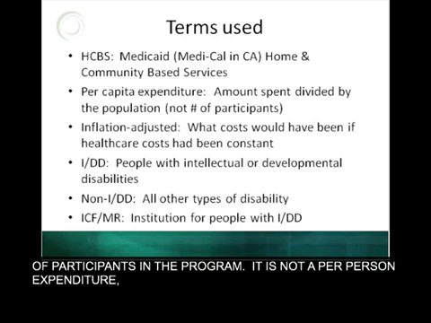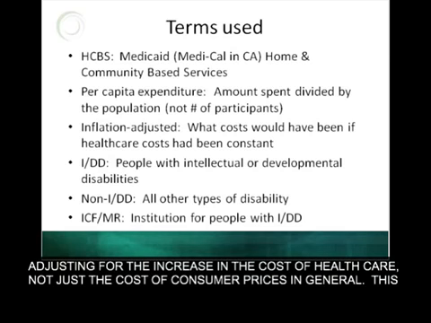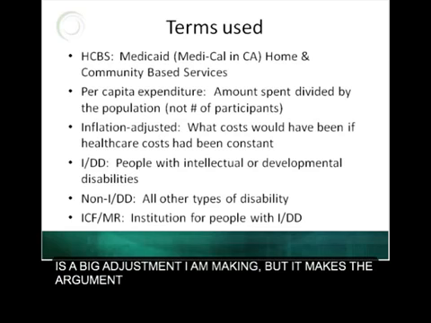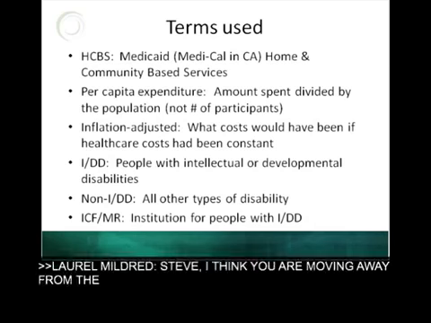This is not divided by the number of participants in the program. So it's not a per person expenditure, it's an expenditure divided by the population. When I say inflation adjusted, I'm adjusting for the increase in the cost of healthcare, not just the costs of consumer prices in general. So this is a pretty big adjustment I'm making, but it makes the argument cleaner if we adjust for it.